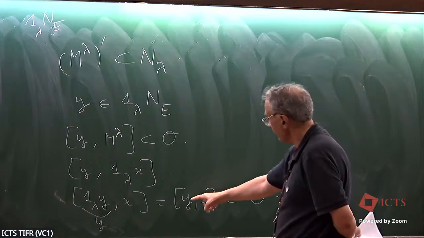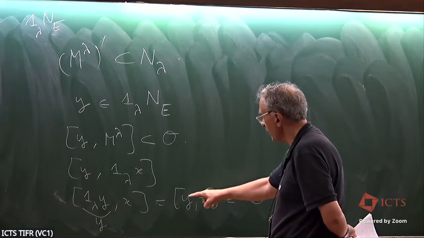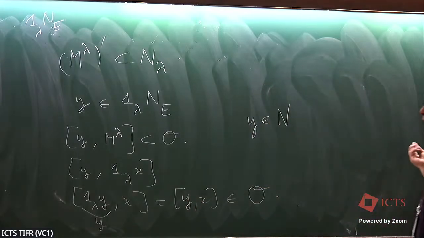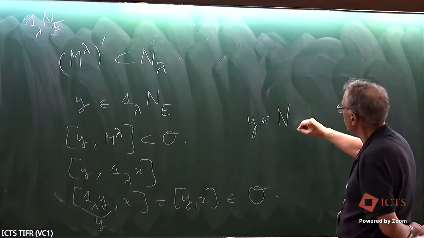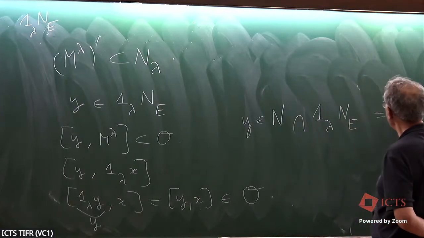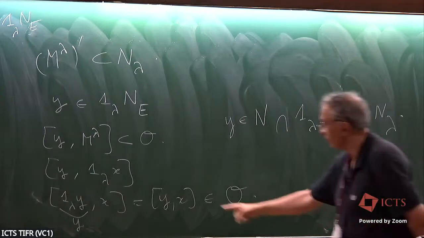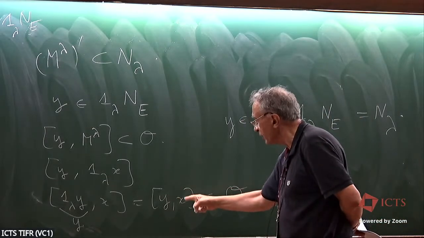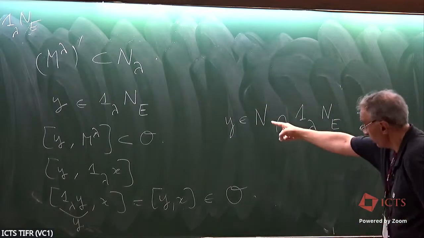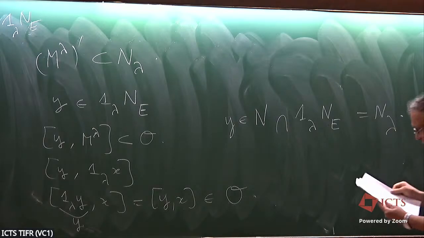This means that y paired to any element of M is an integer. So this means that y belongs to N by perfect duality. So it belongs to N intersection 1_lambda N_E, and that's by definition N_lambda. And that's it. Here we have something which pairs with any element in M as an integer, so it is integral, and so it belongs to this.